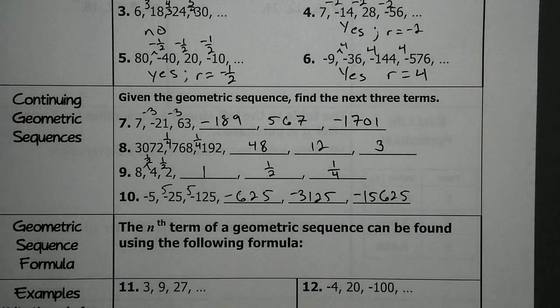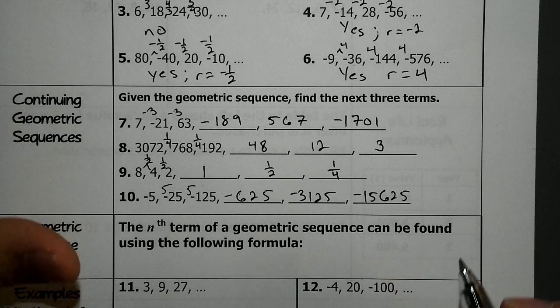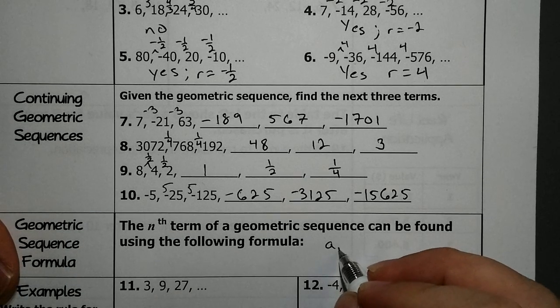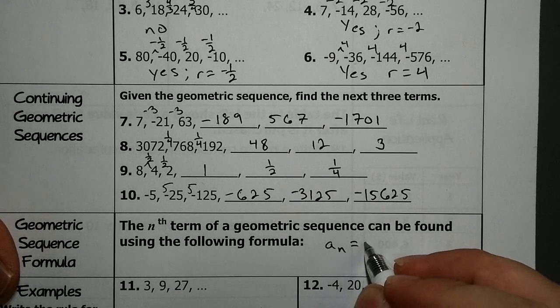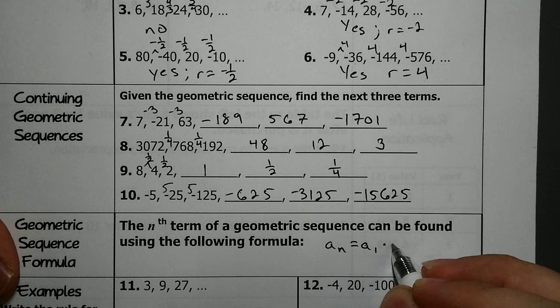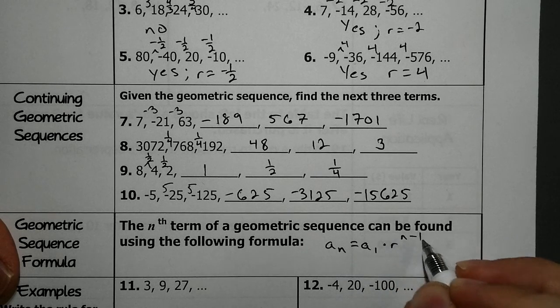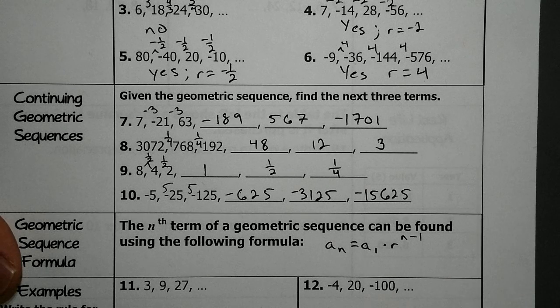Now, there is a formula that allows you to get anything in the sequence. So, here is your formula. a sub n is equal to a sub 1 times r to the n minus 1. Now, a sub n just means a sub whatever term n is.